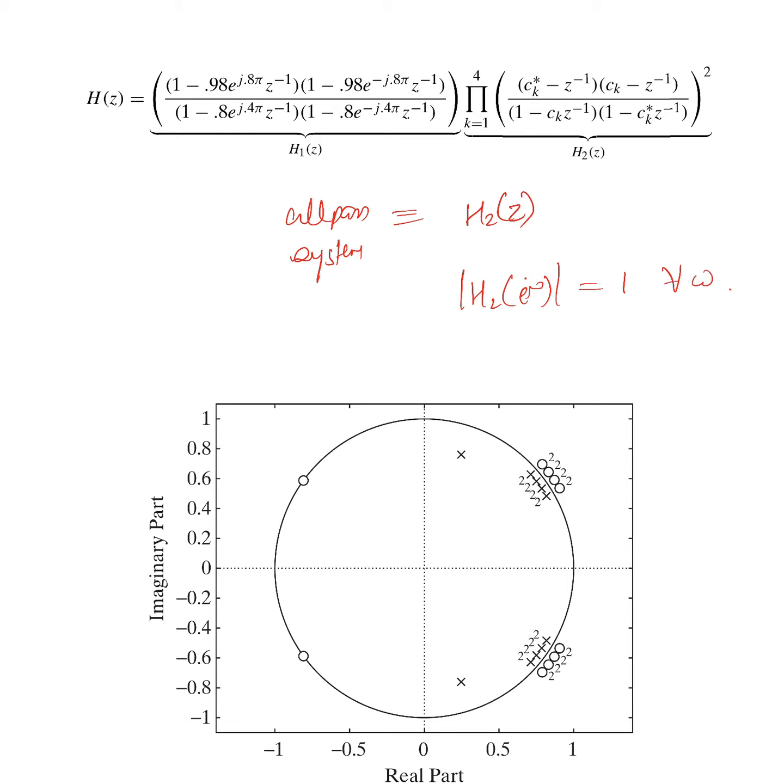We shall also see the magnitude response and the phase response of this overall transfer function H of z. But it is clear from here that since H2 of z is an all-pass system, it won't contribute anything to the magnitude response of the overall transfer function H of z, because mod H2 is equal to 1 for all omega. But it is not the case with H1. The magnitude response is not 1, so it will contribute, and we shall see how.